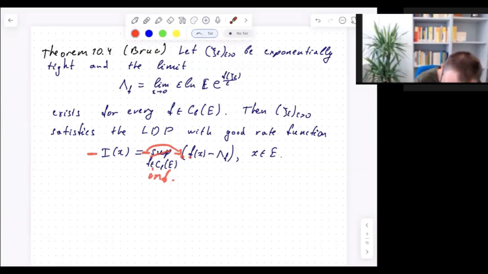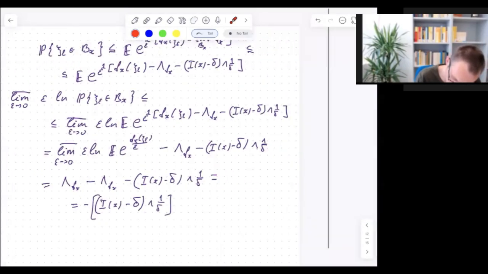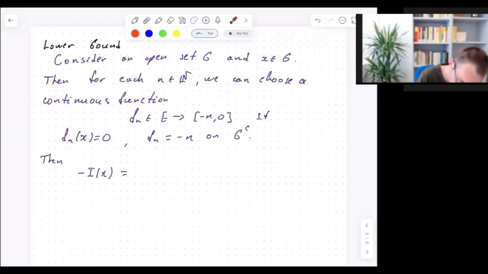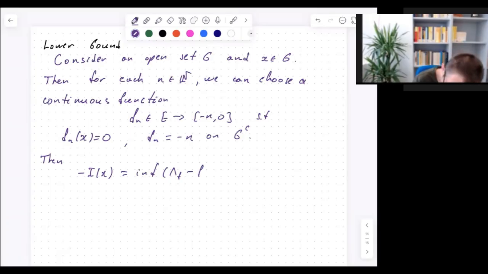But minus inside the bracket is the same as writing this minus that function. So therefore, that one is the infimum of lambda f minus f of x, and f is a continuous function.